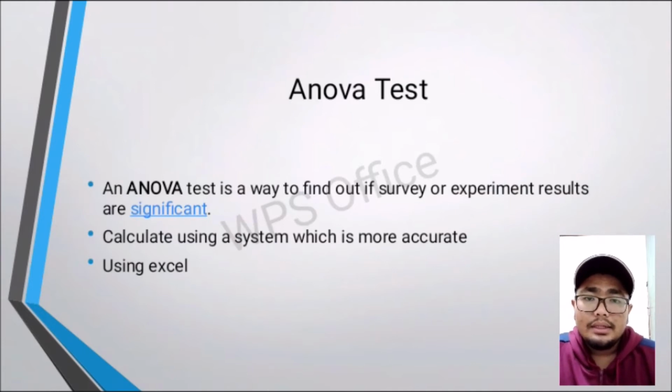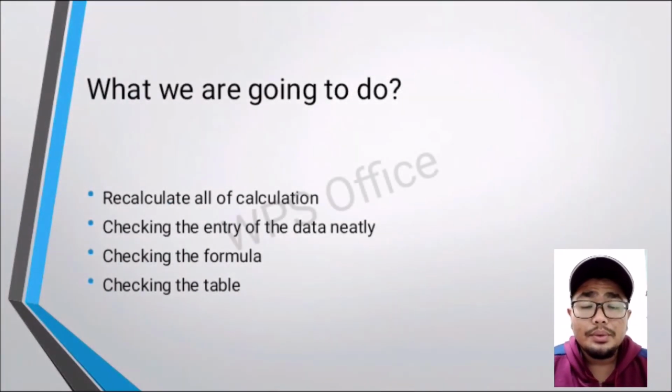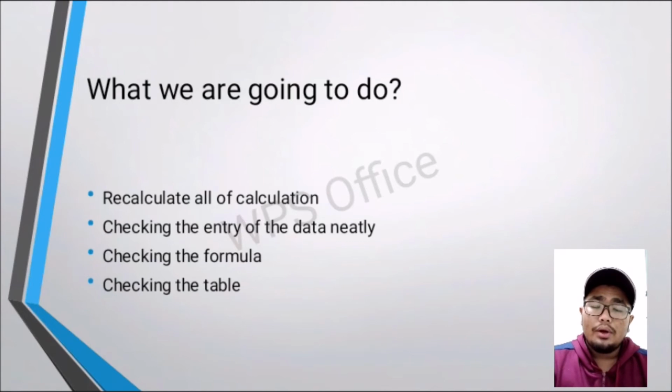To make sure the data is calculated in the right way, we use Excel to make sure the calculations are more accurate. In this section we are going to recalculate all of the calculations that appear in Part 3, where we calculated the mean, median, mode, variance, range, and many more.